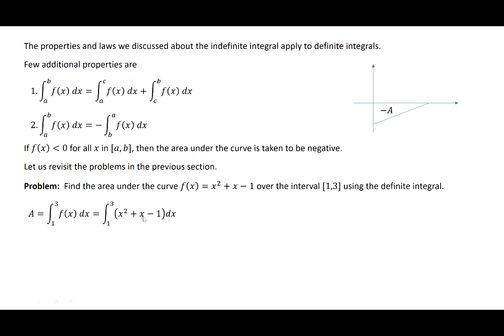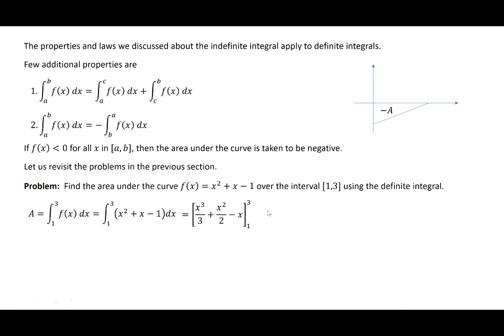The integral of x similarly is x squared over 2. The integral of 1 is just x. So we'll say x cubed over 3 plus x squared over 2 minus x. Hey, what about that constant, man? The thing is, you can ignore the constant when you're doing the definite integral.